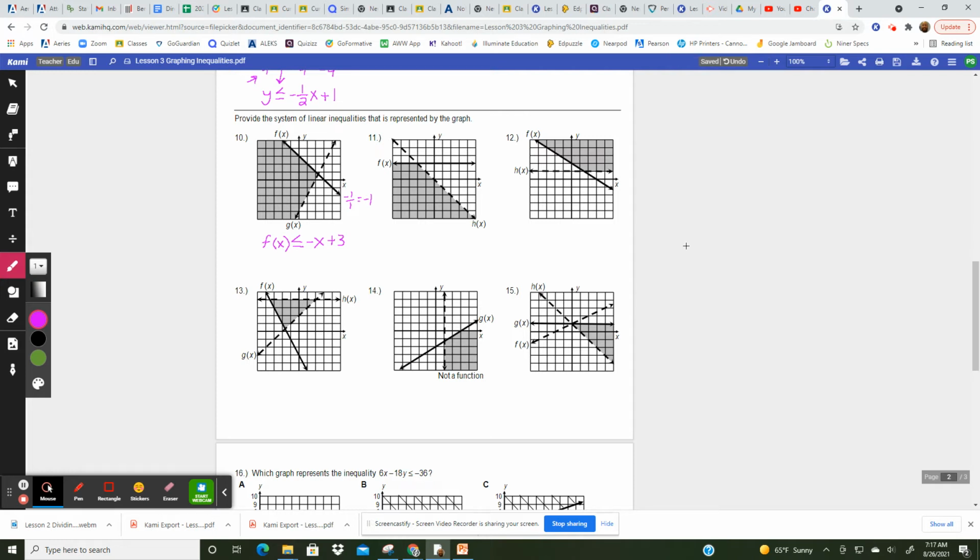Now let's do g of x. So g of x is not a solid line, so it's not going to have the equals underneath. The shaded region is above, so it's greater than. And my slope, I'm going to use these points. I know sometimes when it's dashed, it's hard to tell what the points are, but there's a point here and a point here. So that's up 2 and right 1.